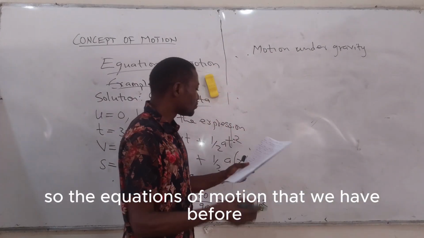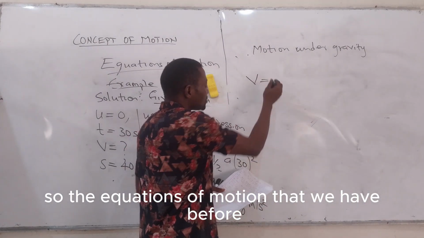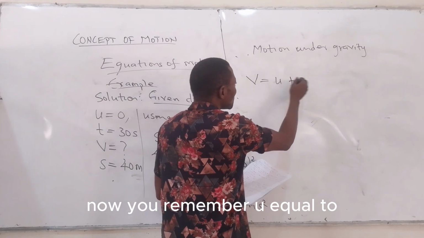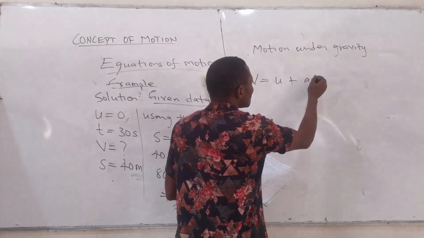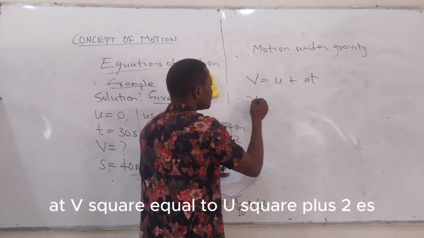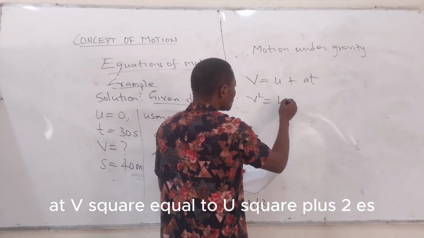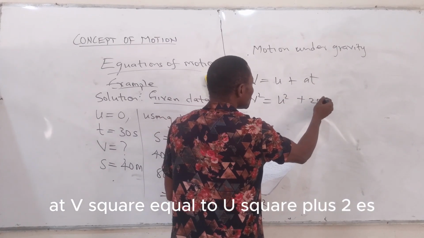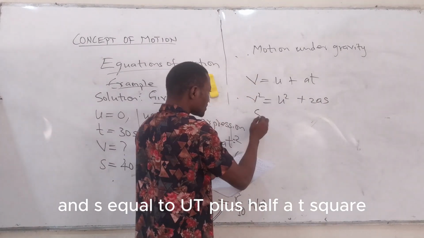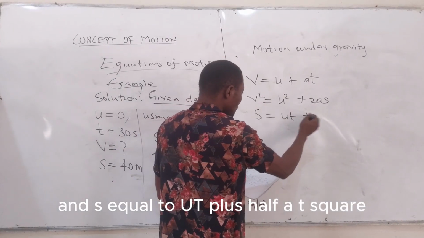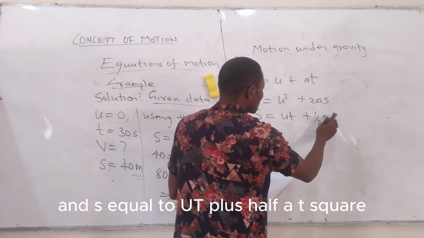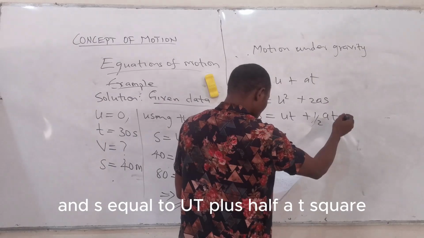So the equations of motion that we have before now, you remember v equal to u plus at, v squared equal to u squared plus 2as, and s equal to ut plus half at squared.